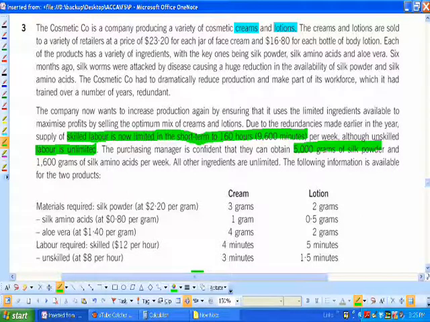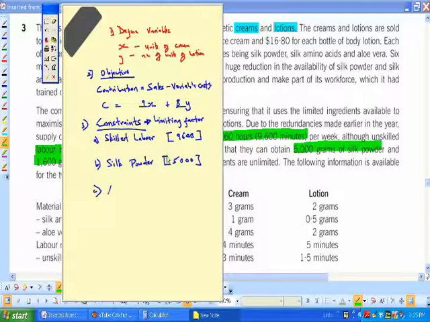That means we don't need to bother ourselves with unskilled labor because we have a lot of it. In this line here, we can see this other ingredient called amino acids, which are limited to 1,600.